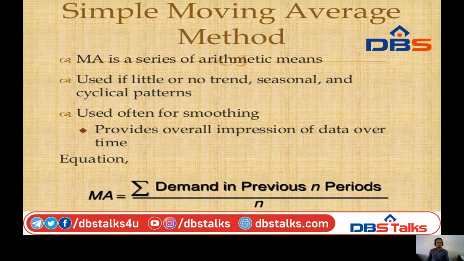In the simple moving average method, a moving average is a series of arithmetic averages, which shows little or no trend or seasonal and cyclical patterns. What we get here is a smooth curve representation, or moving average.